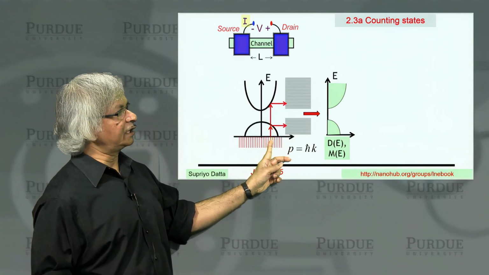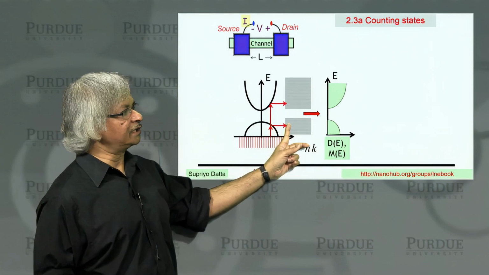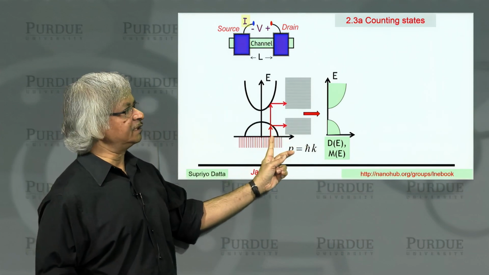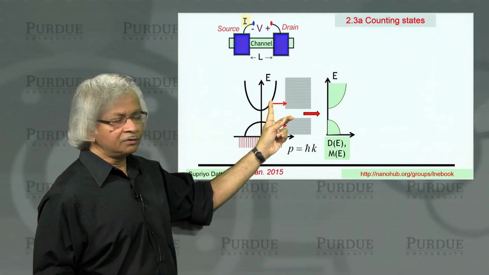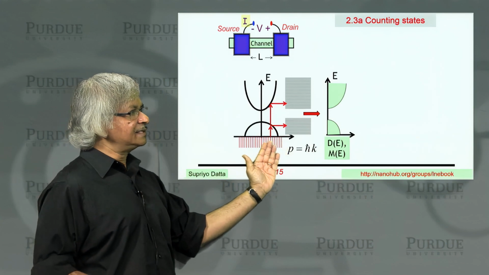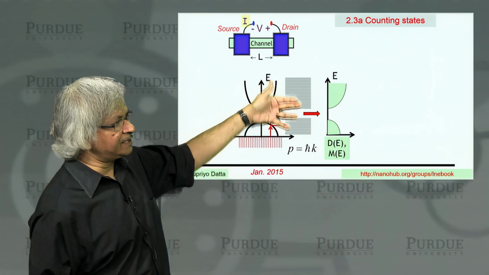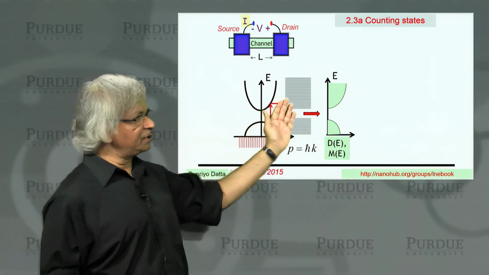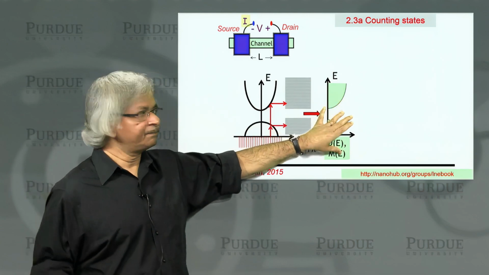So if this is one allowed momentum, then there's a corresponding allowed energy here, which gives you an energy level. And similarly, at that momentum, there's another allowed energy level in this band, which will give you an energy right there. And so this discrete set of momenta translates into a discrete set of energies, which we then translate into this density of states or number of modes.